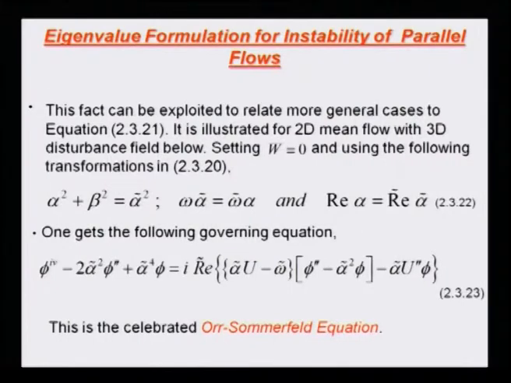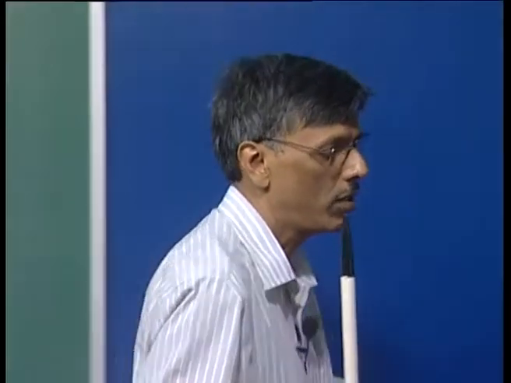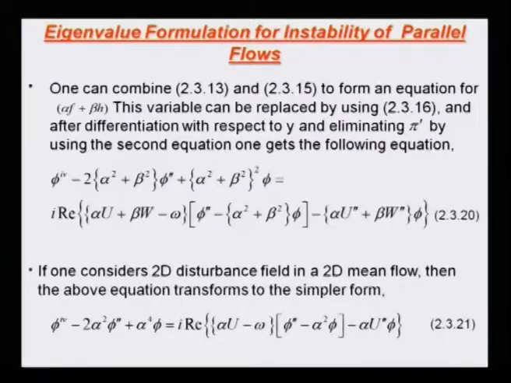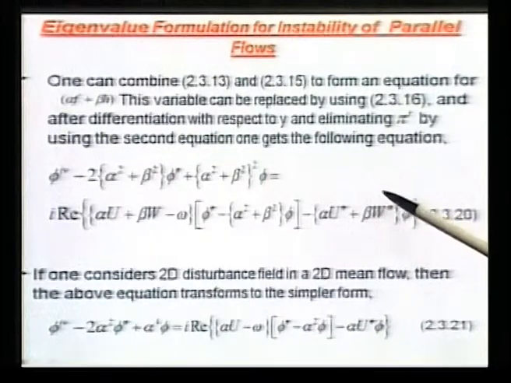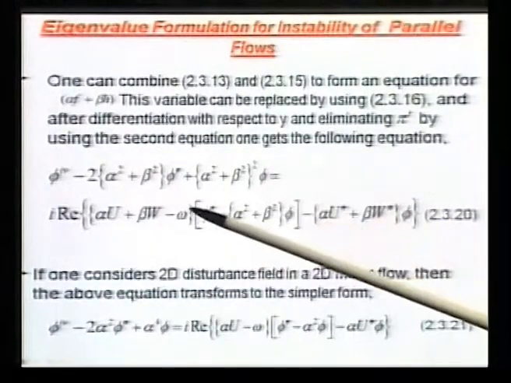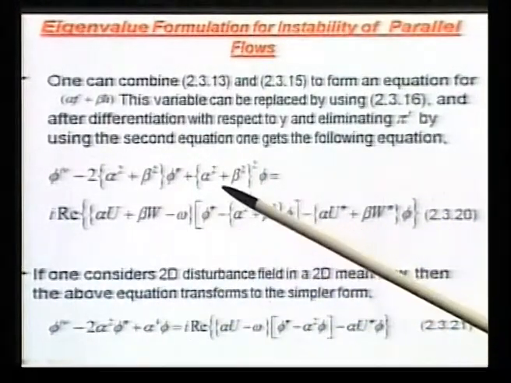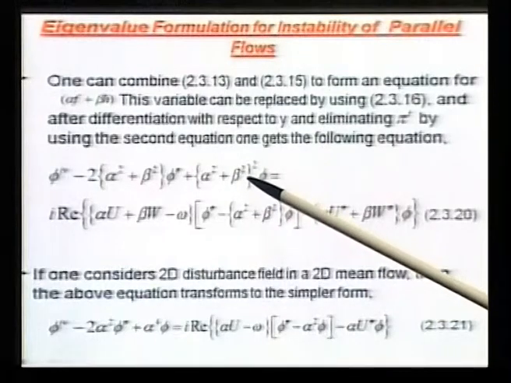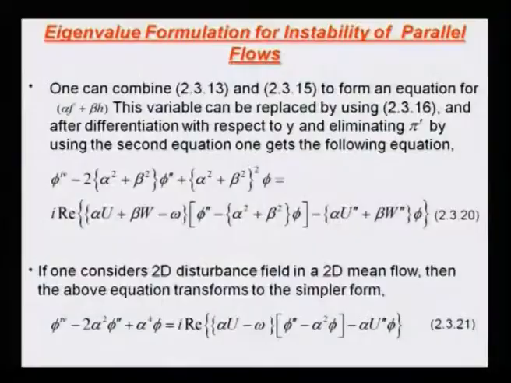Then you substitute it in the 3D disturbance equation that we showed in the previous slide, equation 20. You omit all the capital W terms, and write it in terms of alpha tilde square, and you can see a significant simplification results.